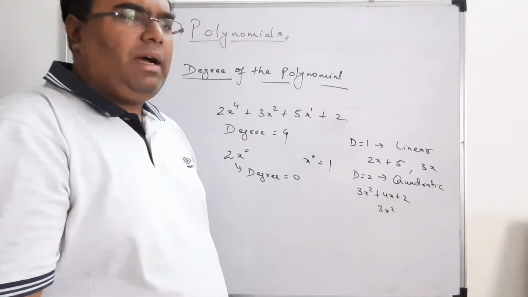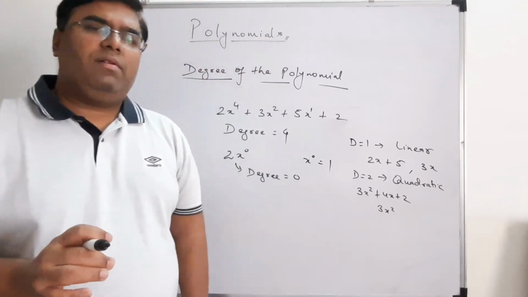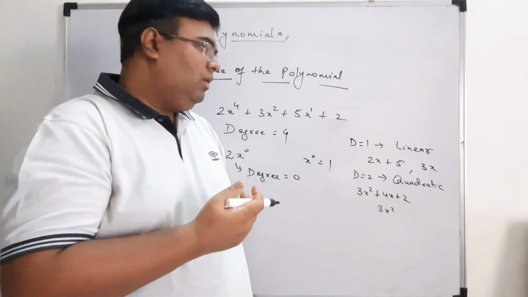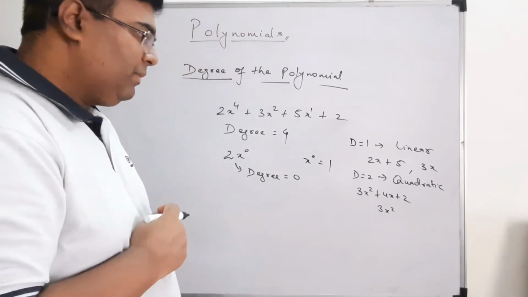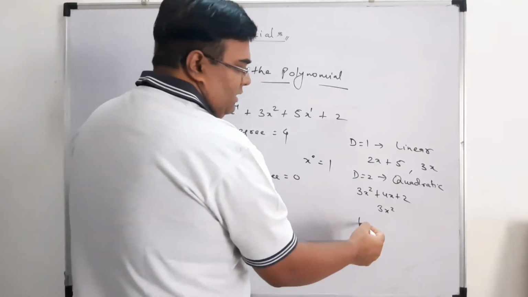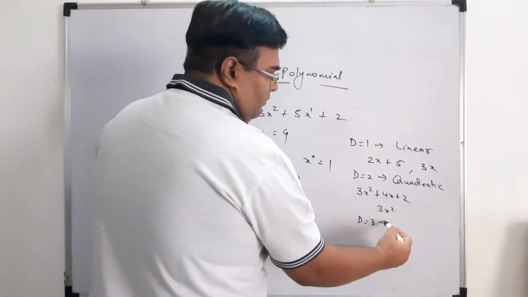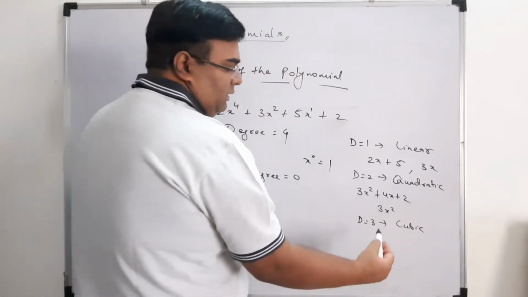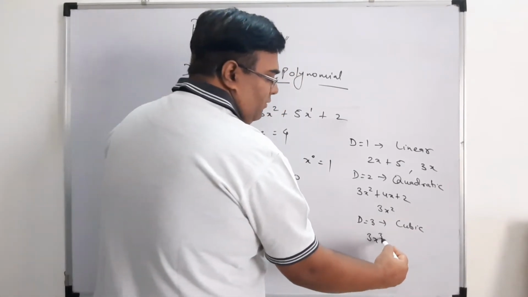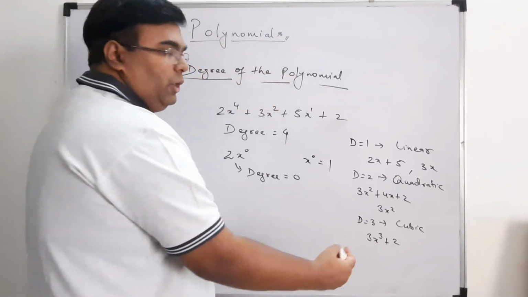So we need to check the highest power, right? If the highest power is 2, the degree is 2, we call that polynomial as quadratic. Okay, then if the degree is 3, it is called as cubic. Similar, 3x raised to 3 plus 2, this is a cubic.